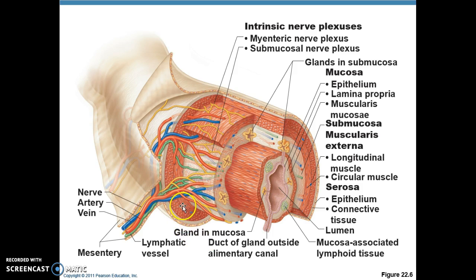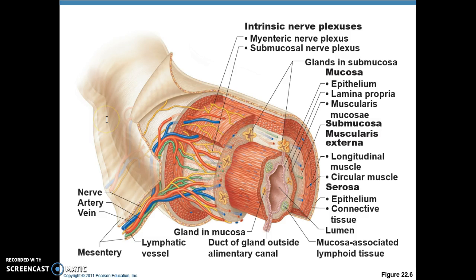And then the next layer out is the muscularis externa, which is made up of two layers. The inner layer here is the circular muscle, and then the outer layer here is the longitudinal muscle. This is the layer that's responsible for moving stuff throughout your digestive tract, mixing food within your digestive tract, and it's what forms sphincters like the ileocecal valve or the pylorus.